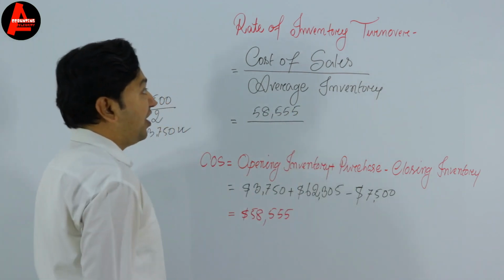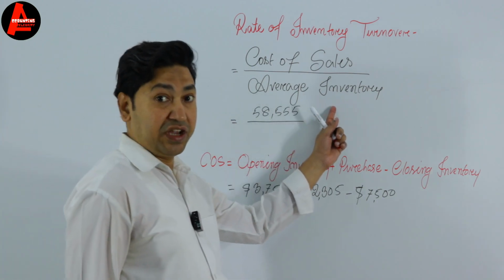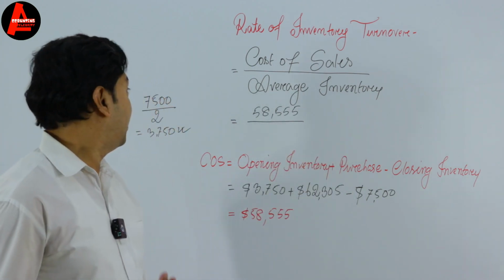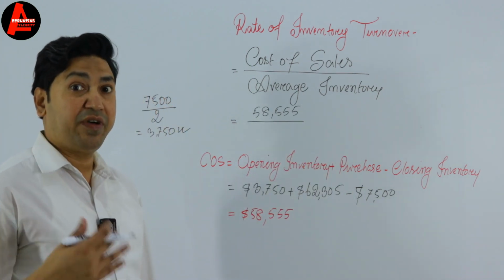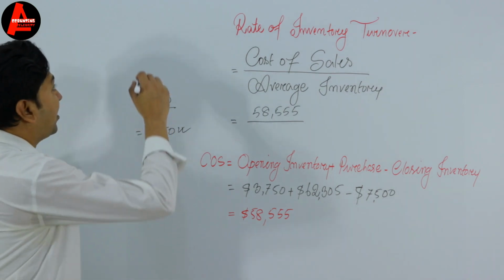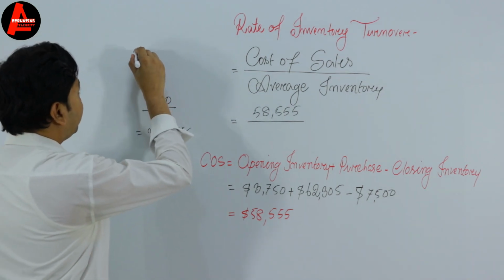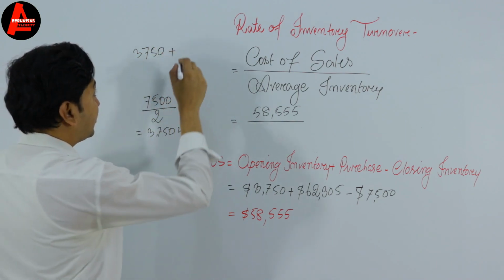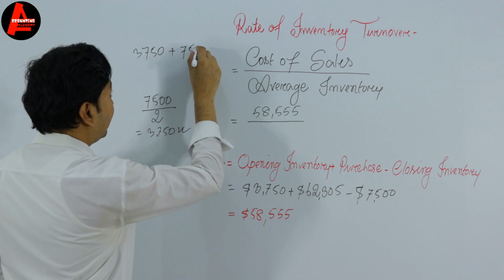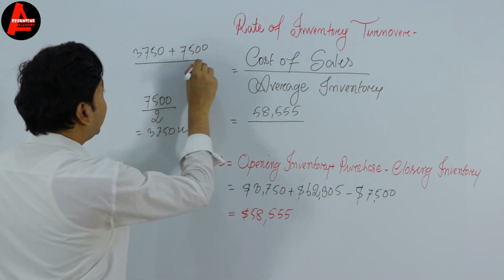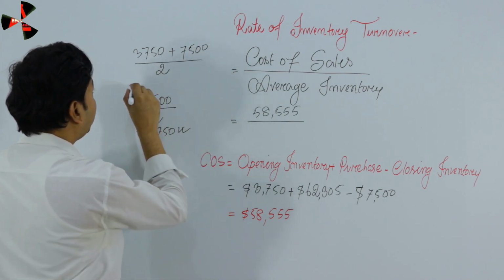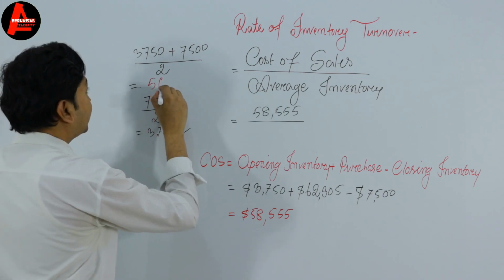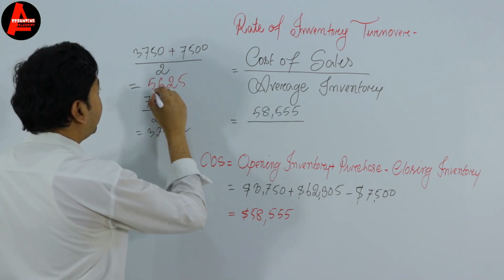58,555. Okay, now we have to calculate our average inventory. Okay, so simple, opening inventory plus closing inventory divided by 2. Okay, so here our opening inventory is 3,750. Our closing inventory is $7,500. We will divide this by 2 and we get here $5,625.